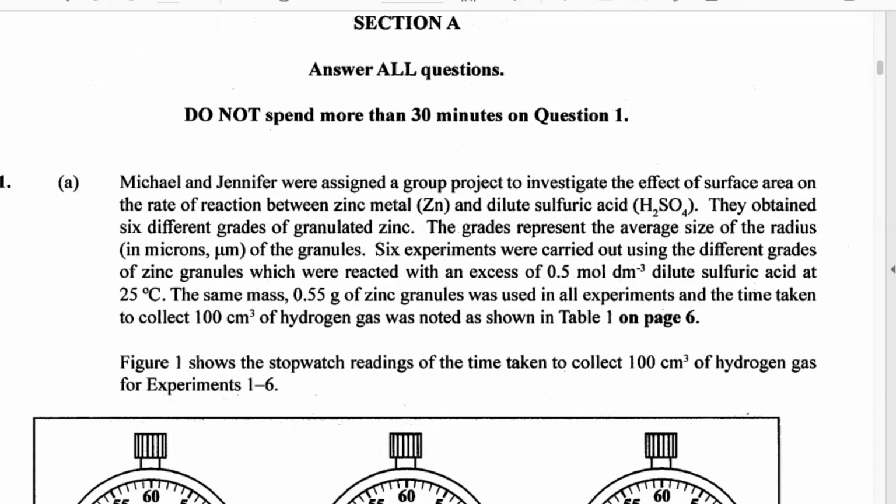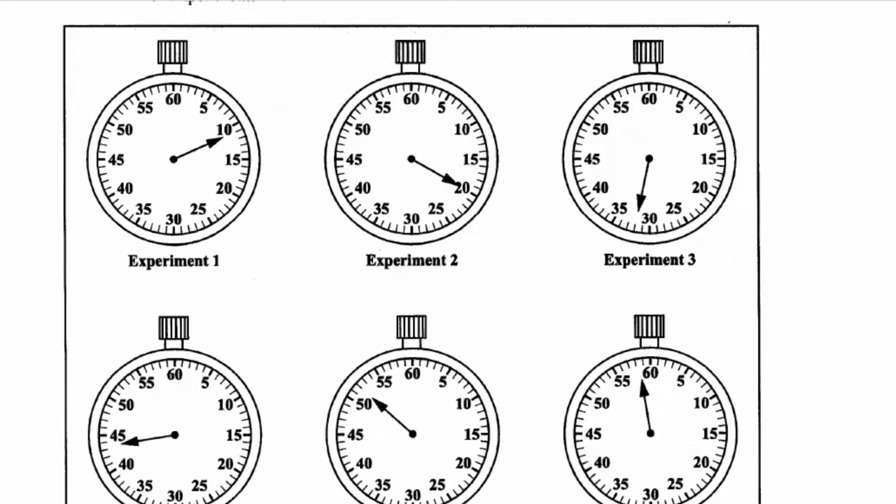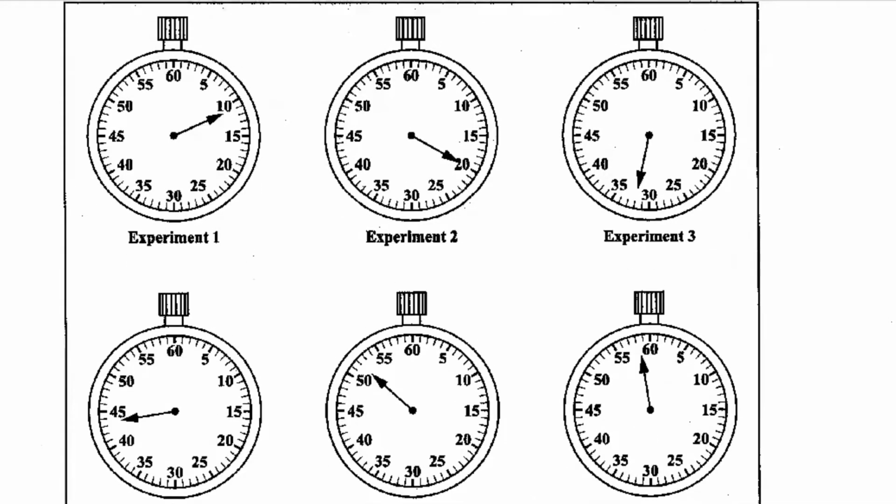So we're just going to make a note of that. When we go to page 6, we can just fill in the values and do whatever calculations are required regarding the rate. So we're going to make a note of the time taken in each experiment.